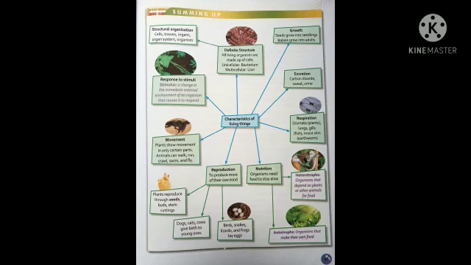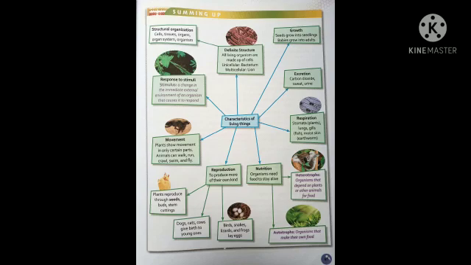Students, living things reproduce to produce more of their own kind. Plants reproduce through seeds, buds, stem cuttings, while dog, cat, cow, human beings give birth to the young ones, while birds, snakes, lizards, and frogs lay eggs.